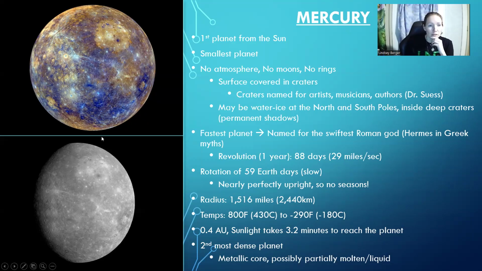If you look at these pictures, you can see it's covered in dents, basically craters. These are two images of Mercury, and this one is a layered image. Remember the electromagnetic spectrum we talked about, and how there's different forms of light, different energies.